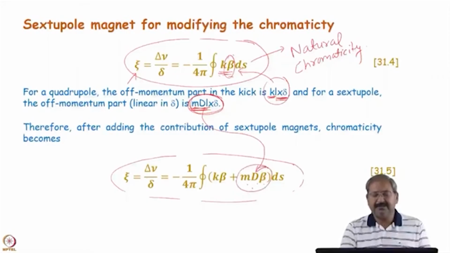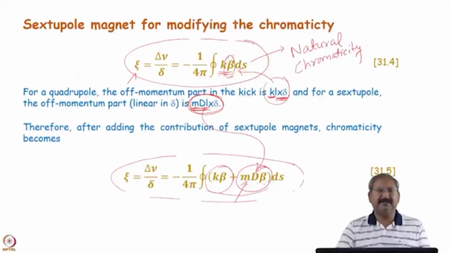And now properly choosing M, we can cancel out this K beta. So by properly choosing the strength of the sextupole magnet, we can make this integration 0 and chromaticity will become 0. In this fashion, sextupole magnets can be used to correct the chromaticity.